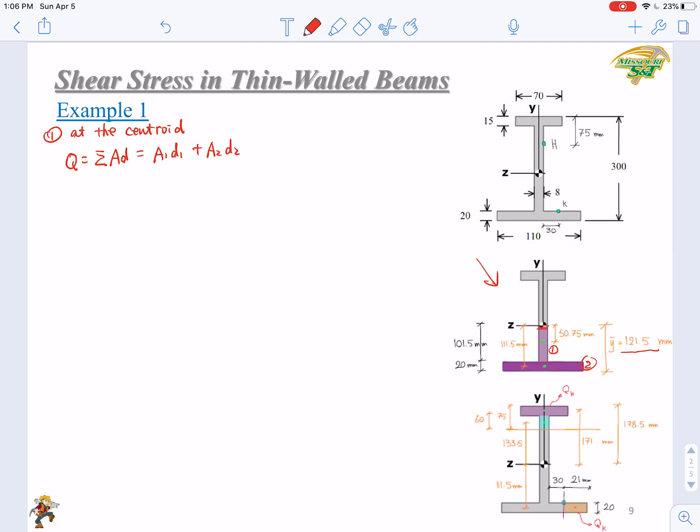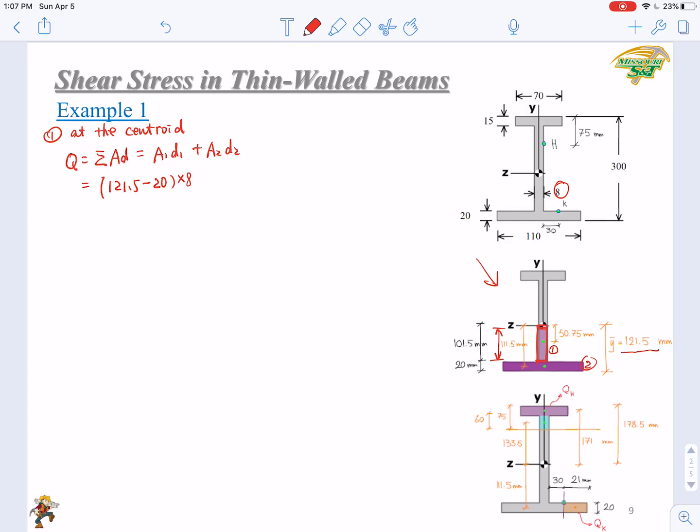First, let's look at A1. The thickness is 8, so you need to determine the dimension here. This can be calculated as 121.5 minus the thickness of the bottom flange, that is 20, by 8.